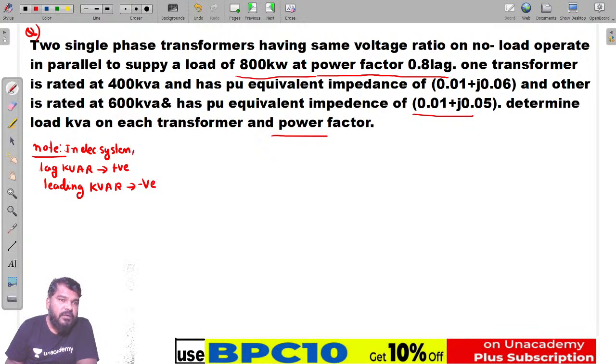What is the reason? The inductive loads are more as compared to the capacitive loads in the electrical system. That's why lagging kVAR is positive, leading kVAR is negative.